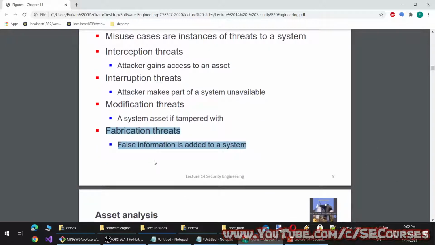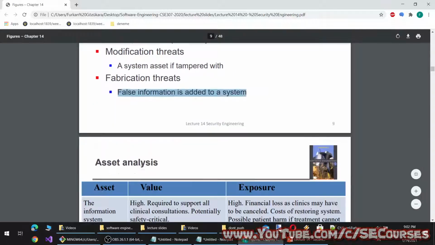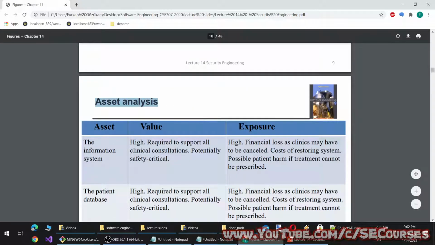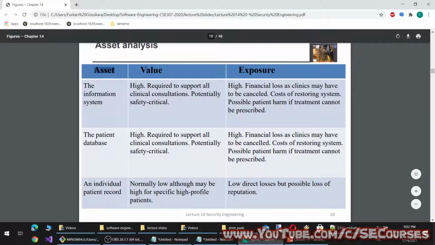Fabrication threats: false information is added to a system. This can be such as adding illegal content on your device and then reporting you to the authorities, and this is a fabrication threat.